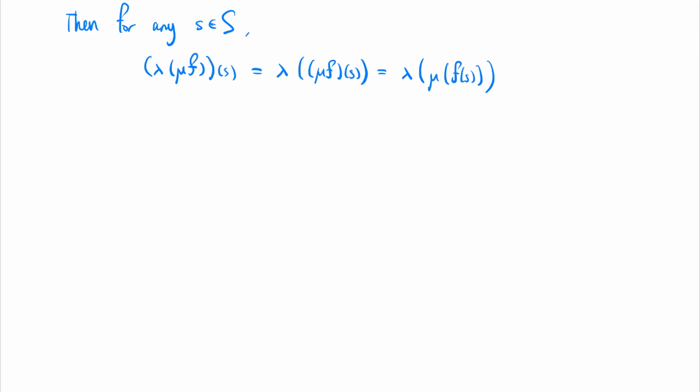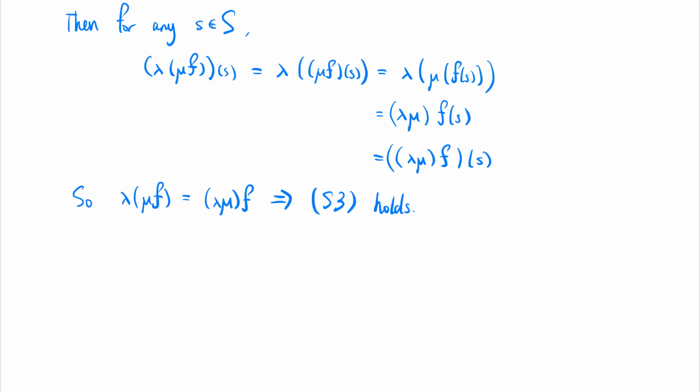Now, lambda, mu, and f(s) are all real numbers, so we can change the order of multiplication to (lambda times mu) times f(s). By definition, this equals ((lambda times mu) times f)(s). So indeed, lambda times (mu times f) equals (lambda times mu) times f. So S3 holds. Hence, the set of functions from S to the reals is a vector space over the reals.